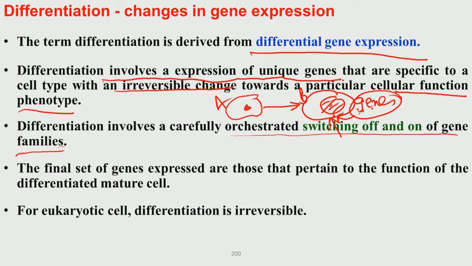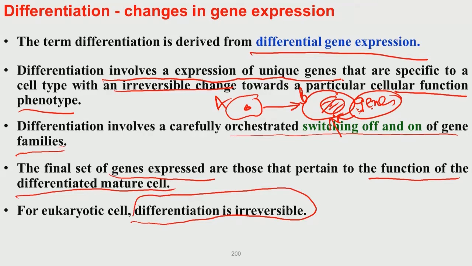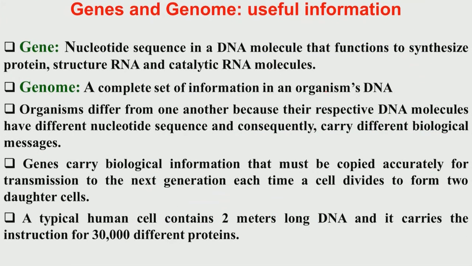And the final set of genes which are expressed or upregulated will pertain to the function of the differentiated mature cell itself. And like the cell division process, differentiation is an irreversible process. That means that once a cell goes from A to B, this is irreversible in nature.